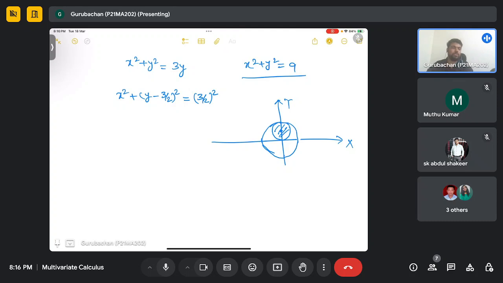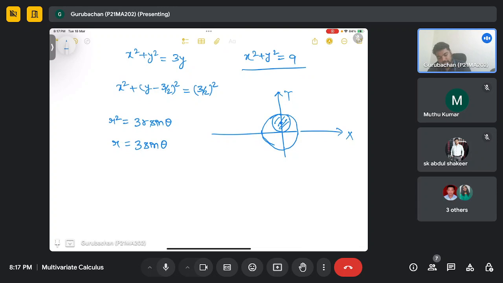My target is to convert this into polar coordinates. So polar coordinates correspond to r square is equal to 3r sine theta, and r will be 3 sine theta, since we are not considering the trivial case. Now the question arises, for this particular curve, what can be the theta? It will start from 0, go through pi by 2, and come to pi again.